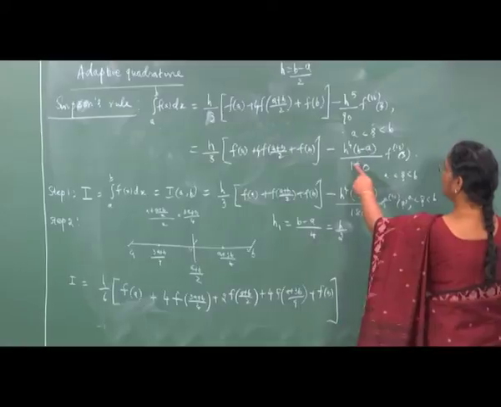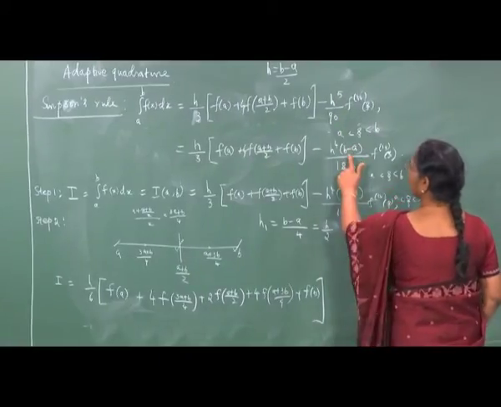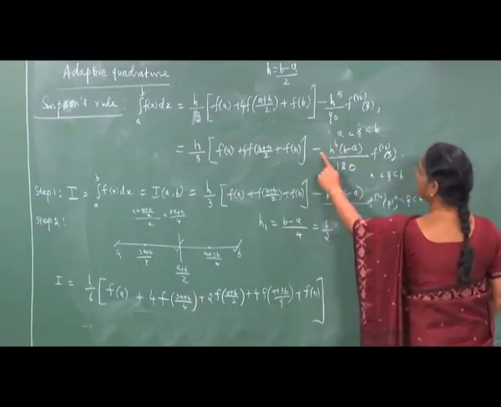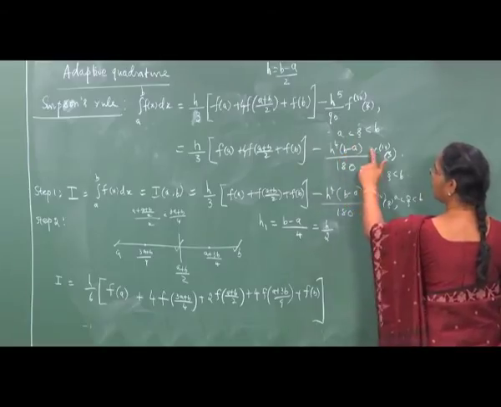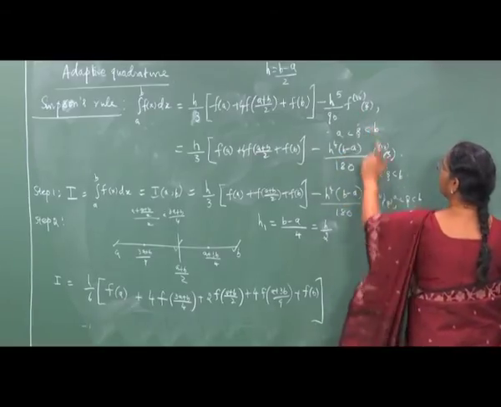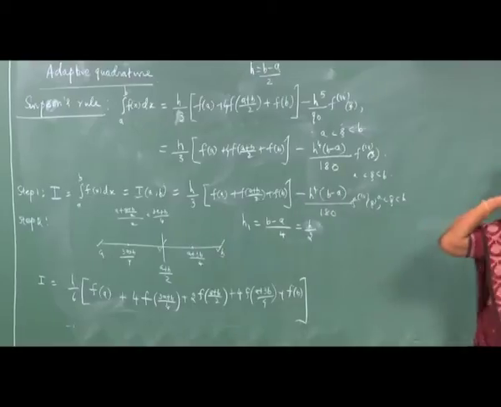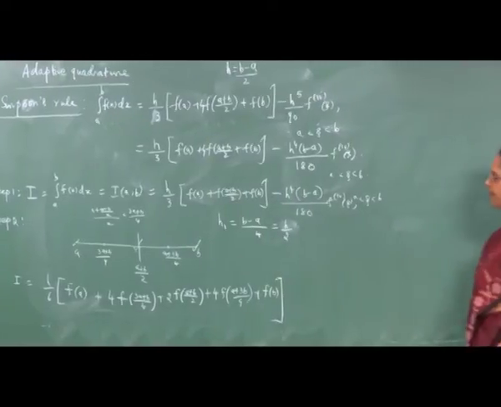So, the error term can be written as h power 4 into (b minus a) by 180 into the fourth derivative at psi, where psi lies between a and b.